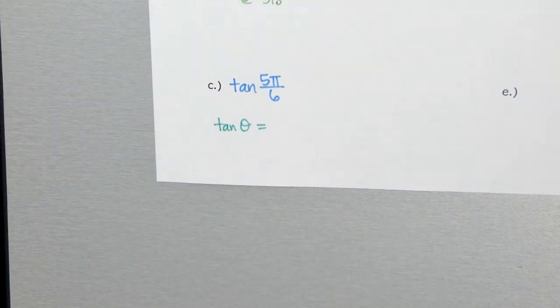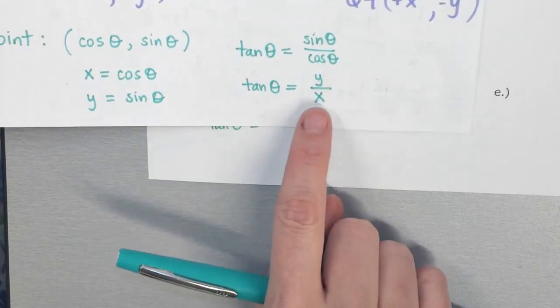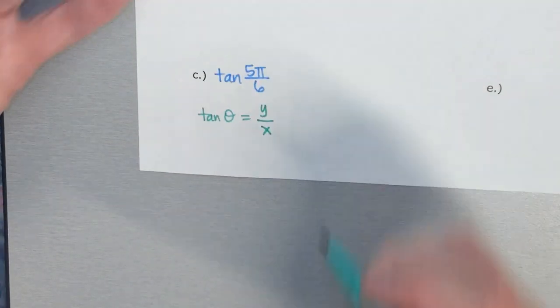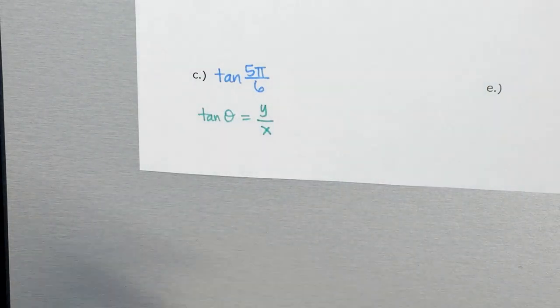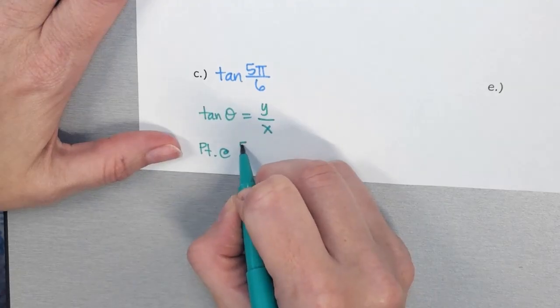Let's look at the bottom of our unit circle. What did it say the tangent was equal to? Yep, the tangent is sine divided by cosine, or y divided by x. So what we have to do is use the point at 5 pi over 6.